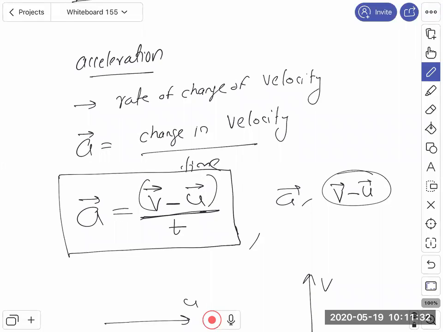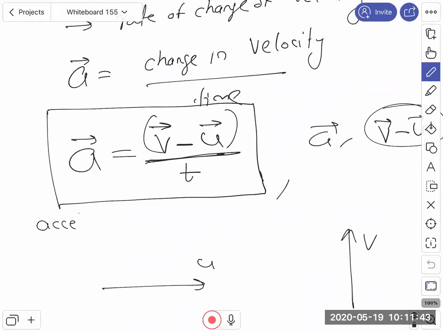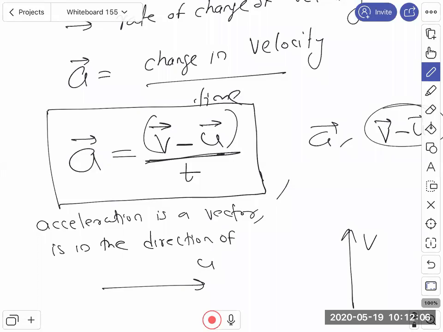Then you can write acceleration is a vector quantity, and the direction of acceleration is in the direction of change in velocity, not in the direction of velocity, but in the direction of change in velocity.